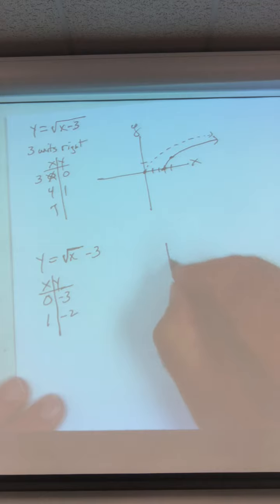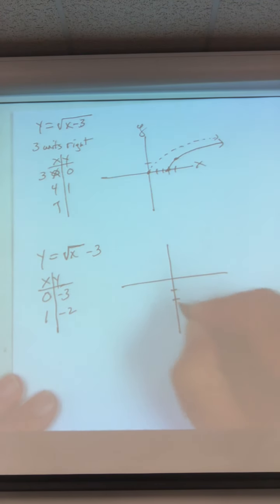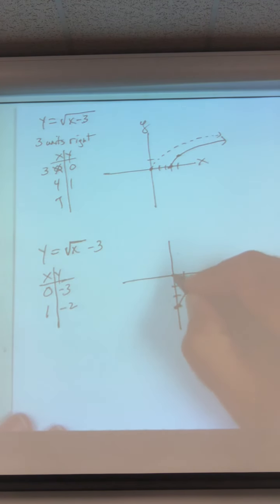Now watch what happens when you plot these. 0, negative 3 is right here. 1, negative 2 is right there. There's your graph. Now remember, what was the parent function? I'm just going to put it back up.